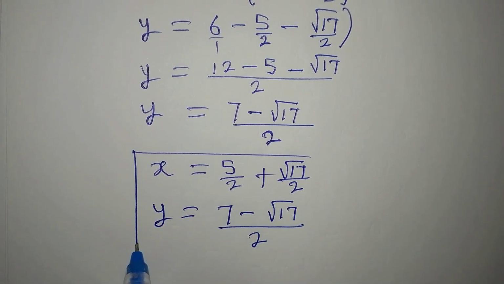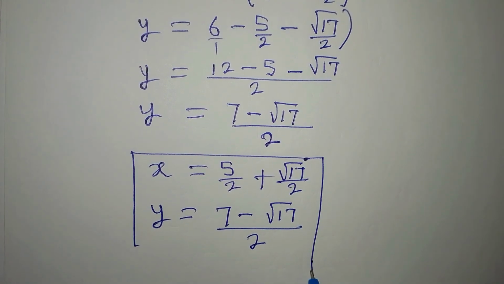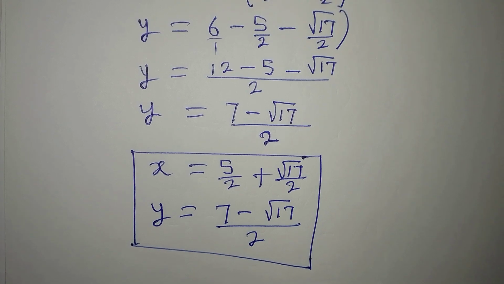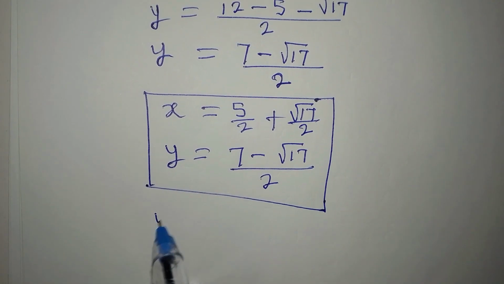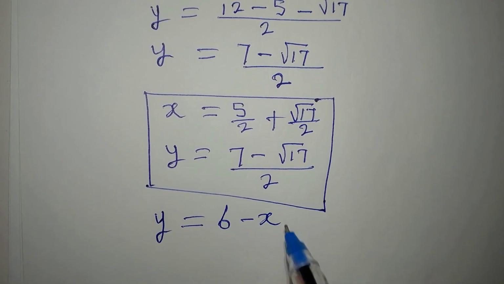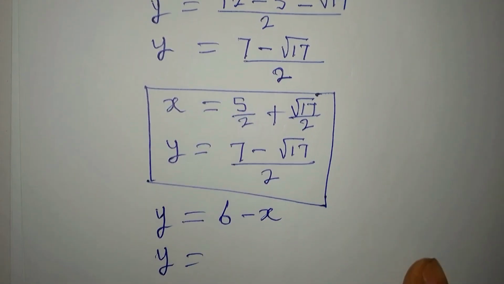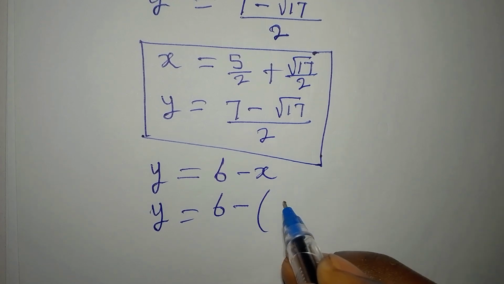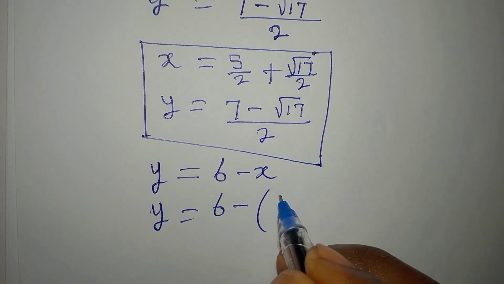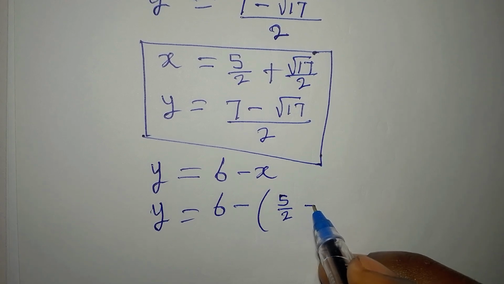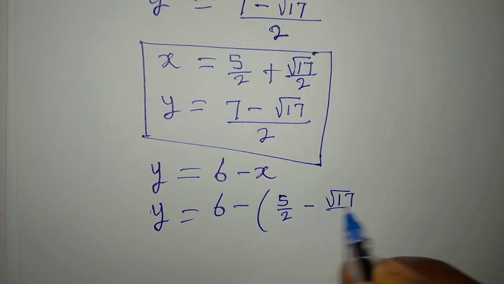So let's get the other value of x and y very quickly. The equation still remains y equals 6 minus x. Now y is equal to 6 minus open bracket, our x will now be 5 over 2 minus square root of 17 over 2.